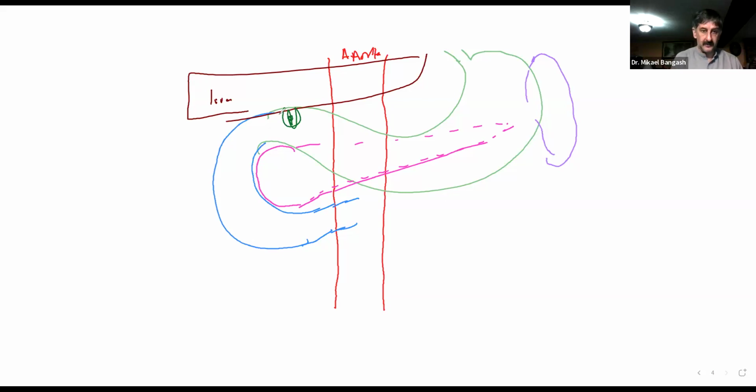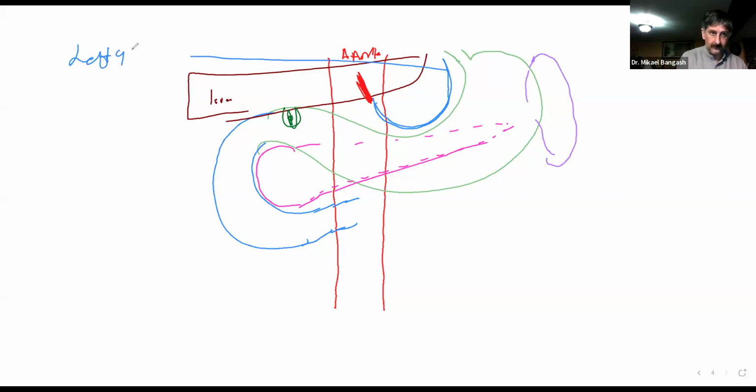Now, guys, in all this, you have the celiac trunk. What the celiac trunk gave off was the left gastric artery. I may have to leave it lower, that's fine.